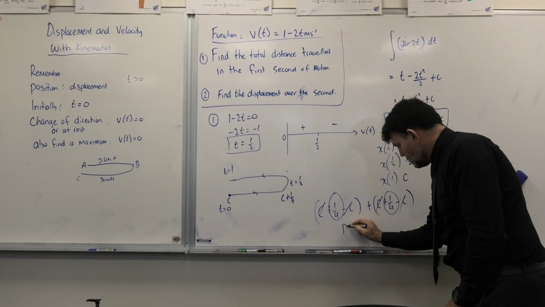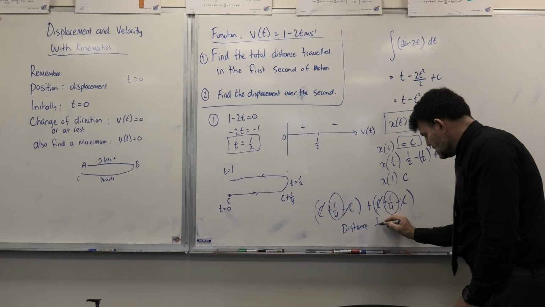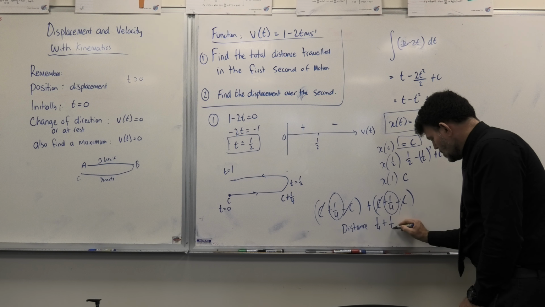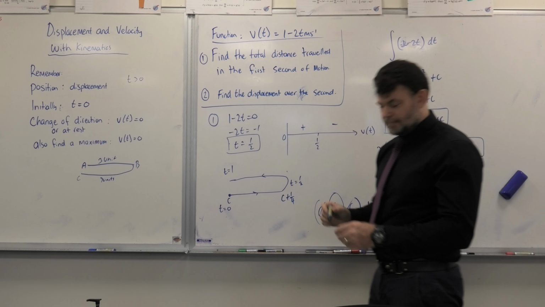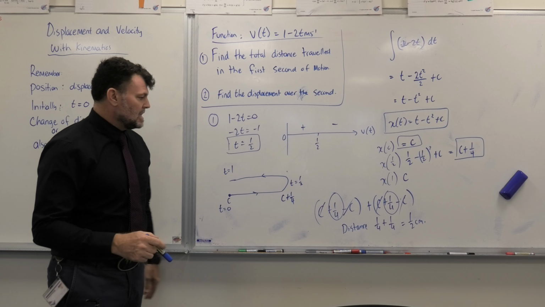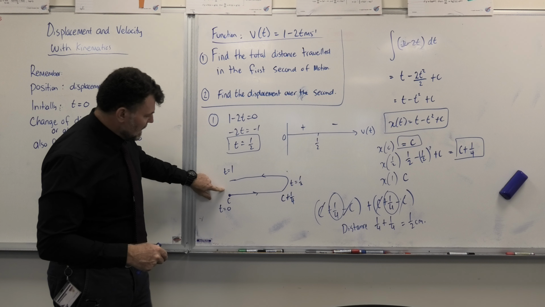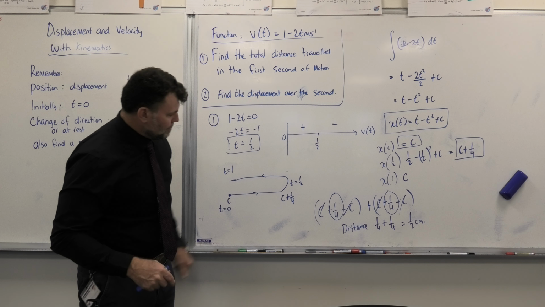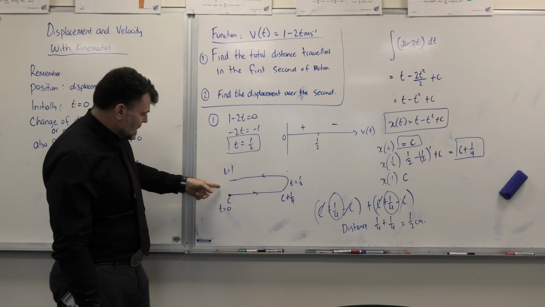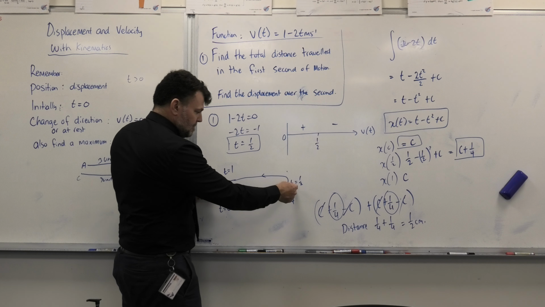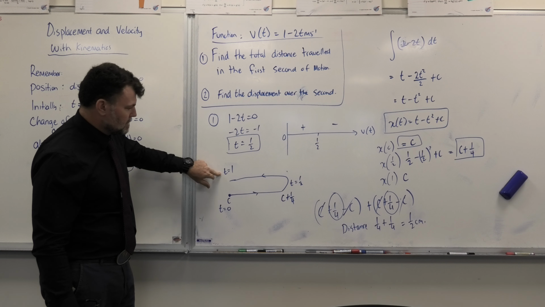So therefore, the distance travelled is 1/4 plus 1/4, which is 1/2 centimetre. Okay, so we can see that this particle from where it started initially has travelled a quarter of a centimetre one way, and then a quarter of a centimetre the opposite way after it's turned after 1/2 second, and it's returned to where it started after that first second.